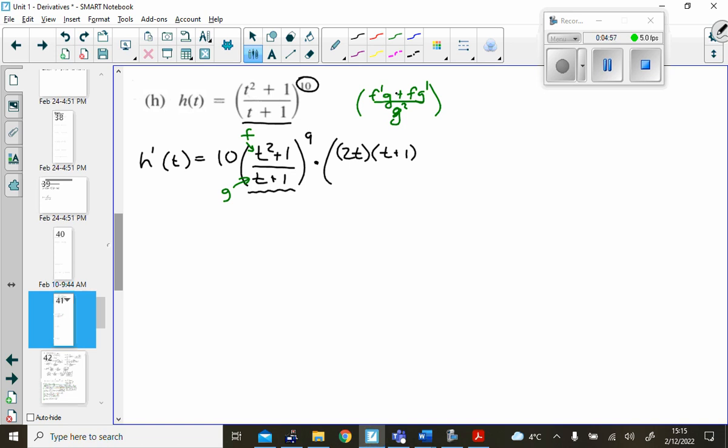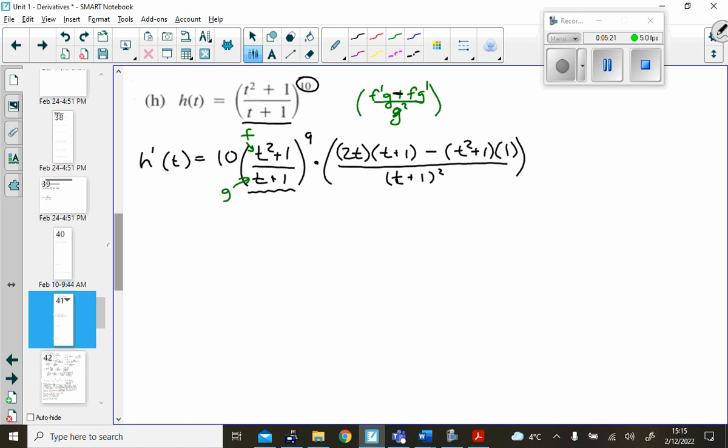I put plus, but it's supposed to be subtract. Glad I caught that. So minus f is t squared plus 1. g prime, derivative of t plus 1 is 1, all over t plus 1 squared.